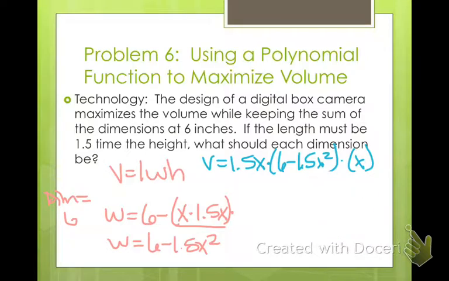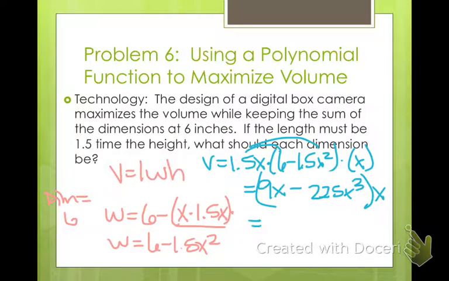Alright, so I'm going to go ahead and start by distributing this through. So 1.5 times 6 is 9, minus 1.5 squared is 2.25x cubed, and then I need to multiply these times x.